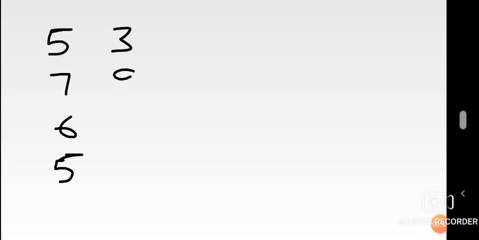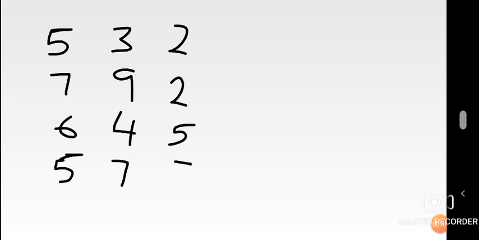So you might have 5, 7, 6 and 5 again. Then you can also have 3, 9, 4, 7. This side you can have 2, 2, 5, 7.